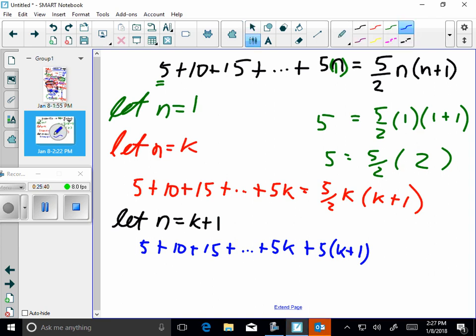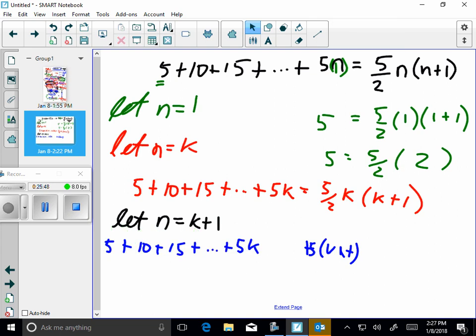I had technology intervene and wouldn't let me write a plus there for some reason. All right, now all of that, I'm going to move it over just so I have more room. Plus 5 times k plus 1.